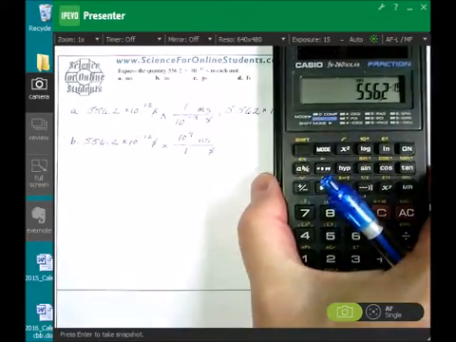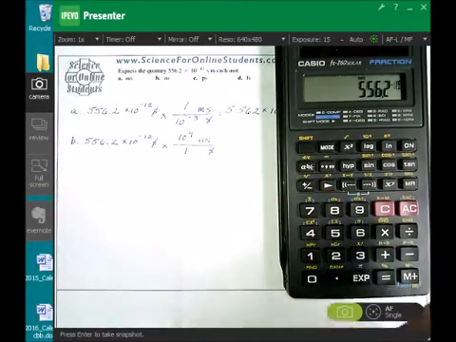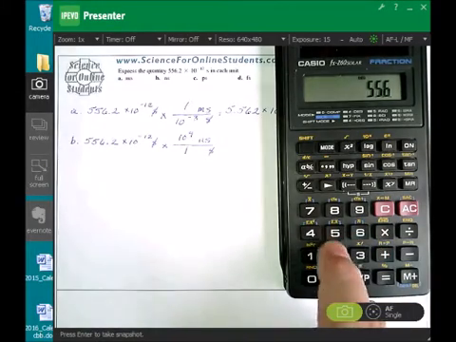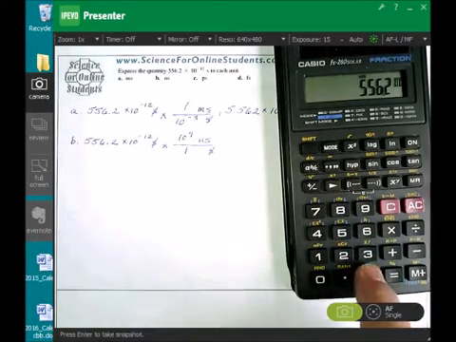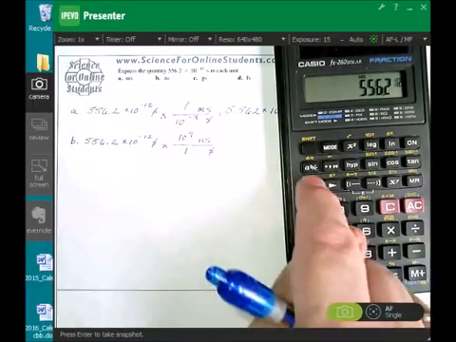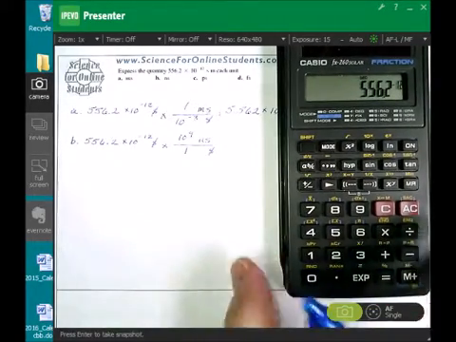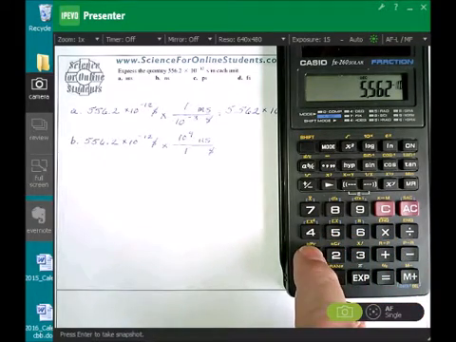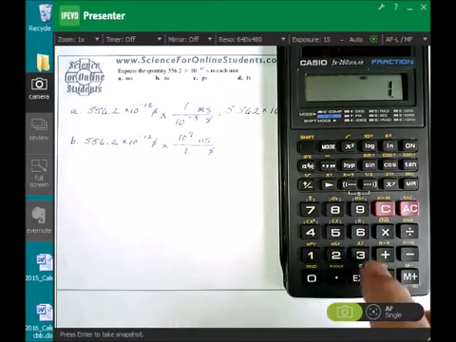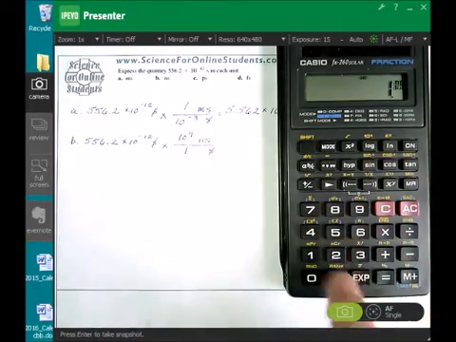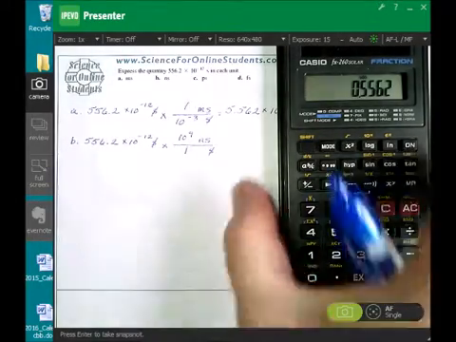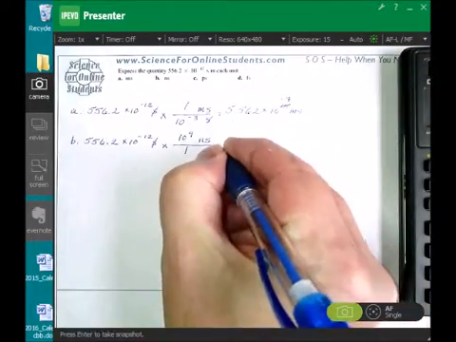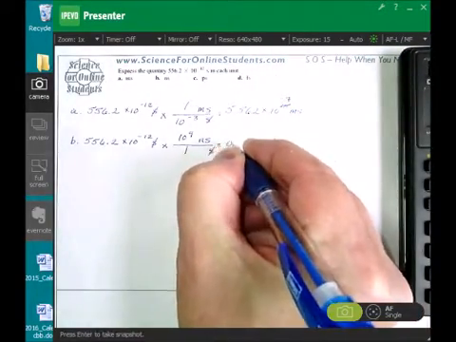That's not right. It's not taking my multiply. Let me clear that out again. 556.2 times 10 to the negative 12. Alright. Multiply by 1. There we go. 1 times 10 to the 9th equals. And that says 0.5562, which is what the calculator says.